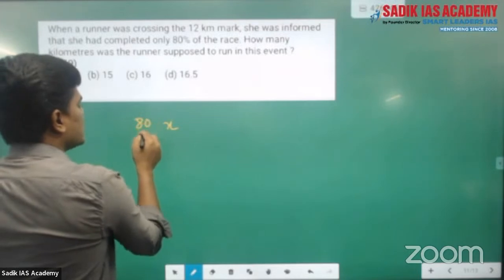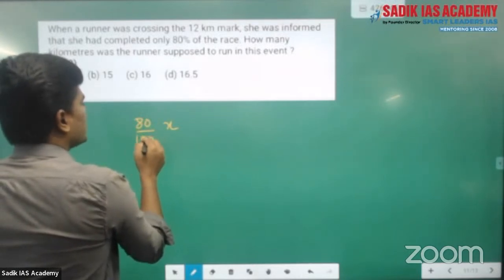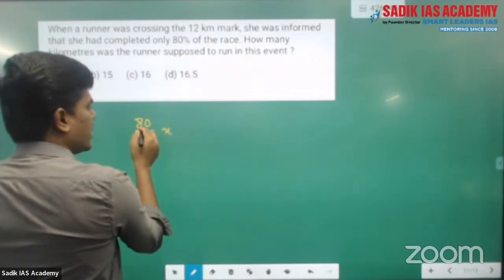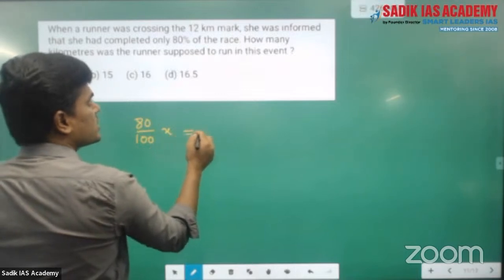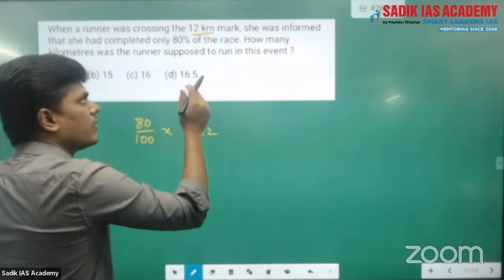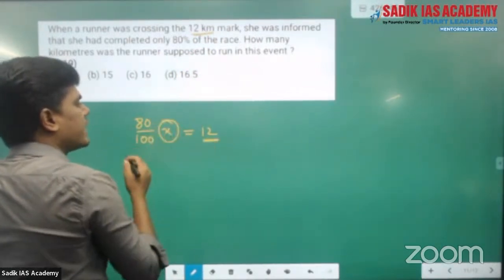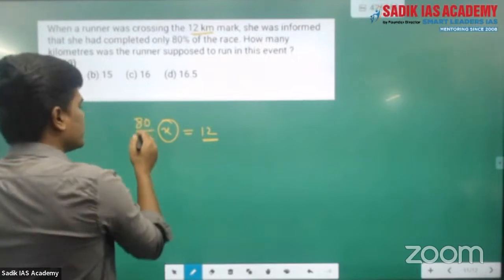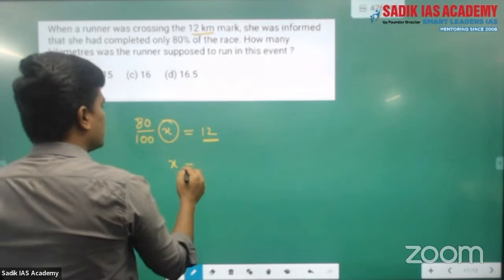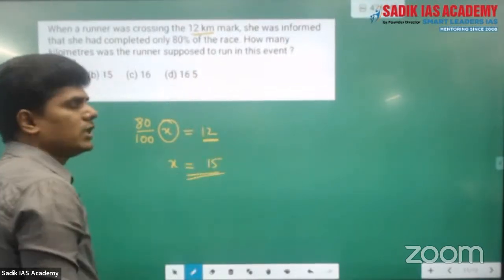So she has run only 80% of the distance, right? 80% of the distance is equal to 12 kilometers. We don't know the exact distance she has to run. So 80% of x is going to be 12. So x is equal to, if you just simplify, 15.